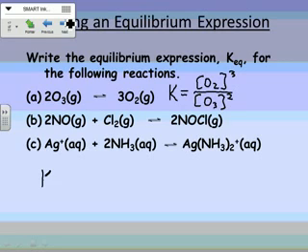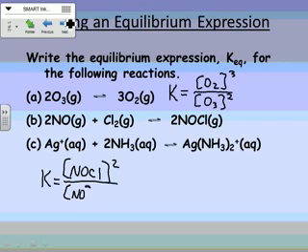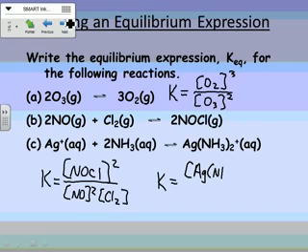B, I'm going to have to come down here to do K equals NOCl squared over NO squared times Cl2. And then our last one here, our K equals Ag(NH3)2 plus, you should recognize what that is.